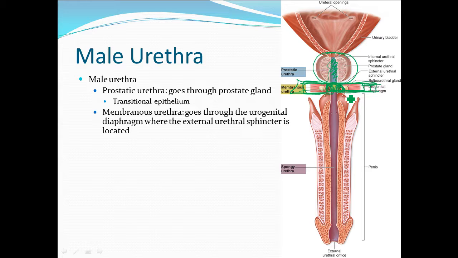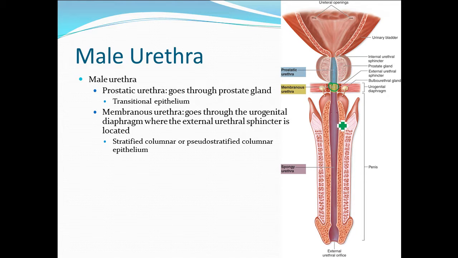The urogenital diaphragm. So the membranous urethra is within the urogenital diaphragm over here. And then the epithelium could be either stratified columnar or pseudostratified columnar at this point.